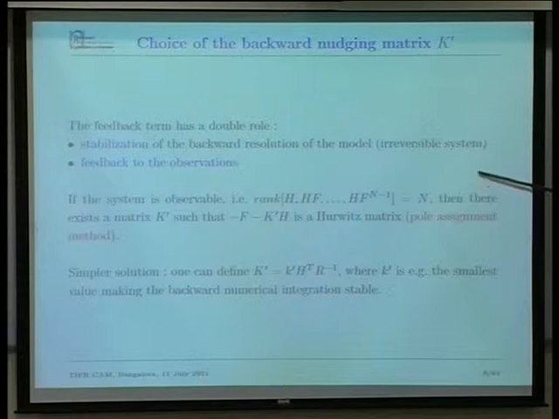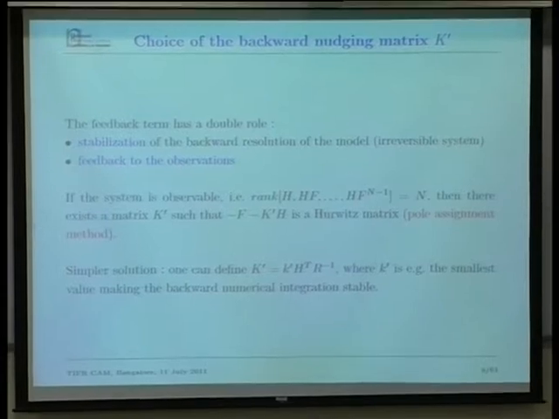So if everything is linear, if the system F and H is observable, then we have seen that it's possible to stabilize F, to find K such that F minus KH is a stable matrix. But then if F and H is an observable system, why do you want to stabilize the backward solution? All you want is that the solution exists.